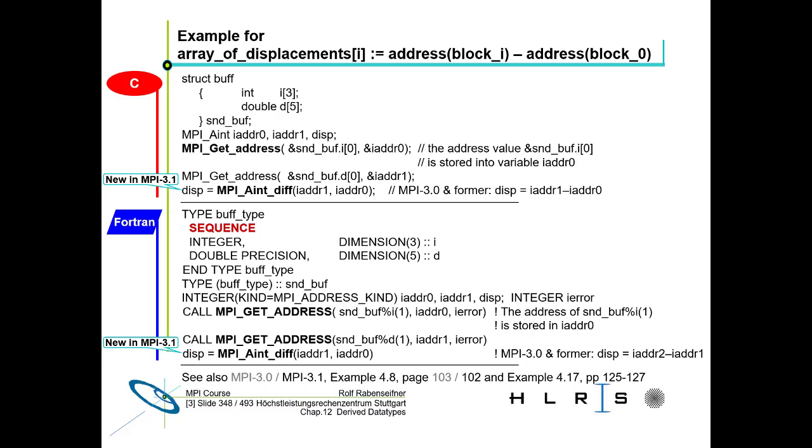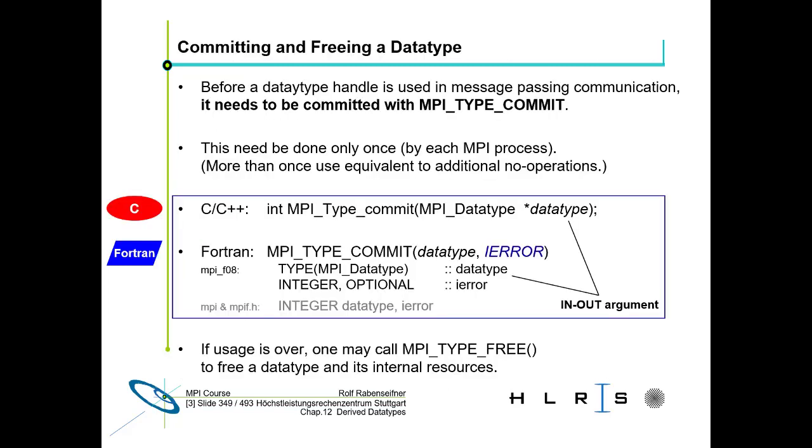And again we use MPI_Get_address on the buffer element field i, first element of that array, put that into i_address0, and similarly for the d field, again first element, and put that into i_address1, and we compute the difference. So that's an easy way of computing the displacements in order to create a struct type.